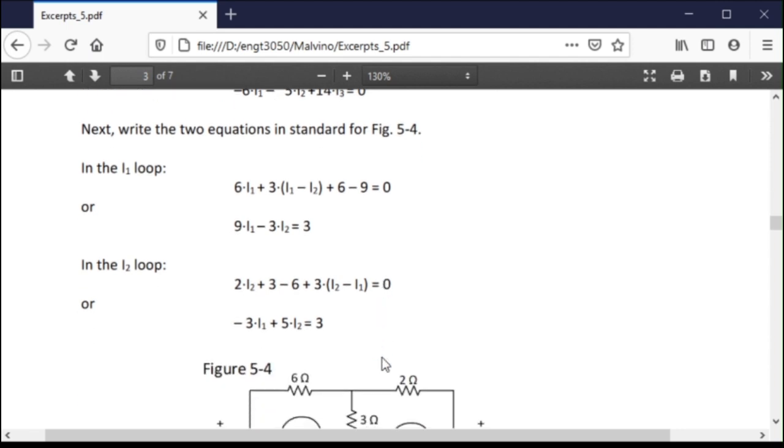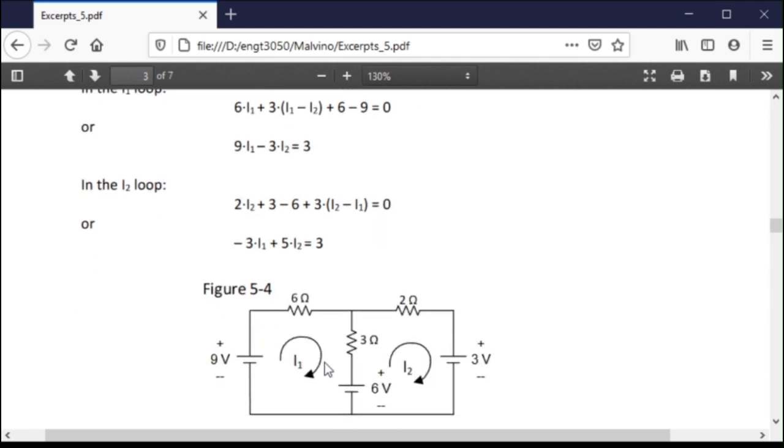So the first equation we write is what? 6I1 plus 3I1 minus I2 plus 6, because we're coming in from the plus side, minus 9 equals 0. So that satisfies this loop. So we have 9I1 minus 3I2 equals 3.